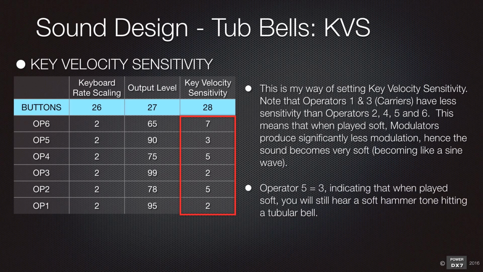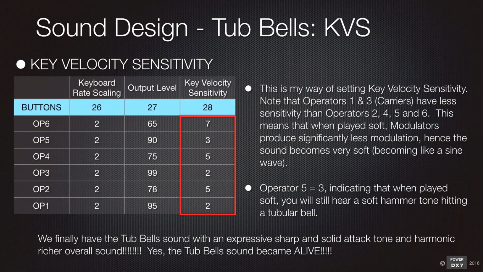Operator 5 is set at 3. When you play soft, you will still hear a soft hammer tone hitting a tube bell. Finally, we've made the tube bell sound with an expressive sharp and solid attack tone and harmonic rich overall sound.